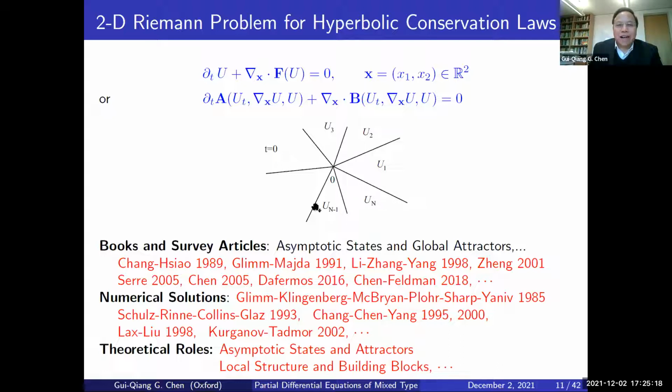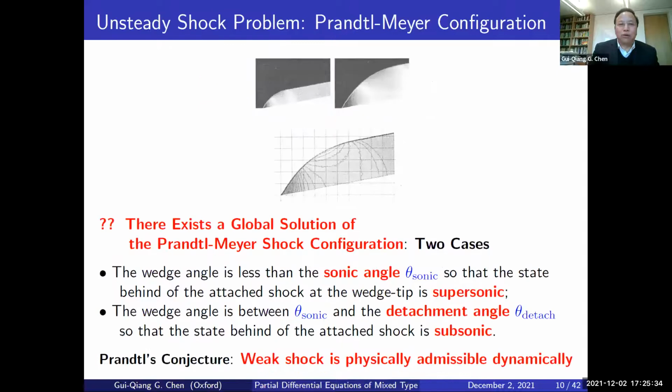This class of initial data is called Riemann data. Then it's easy: you can design some Riemann initial data, and then you find some configuration of Riemann solution in the form I show you here.